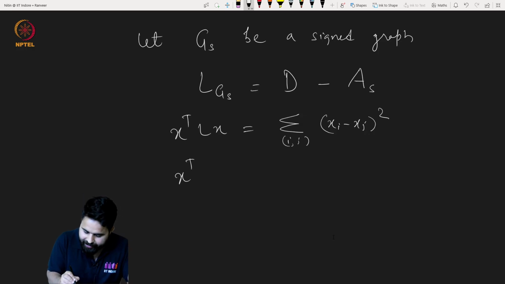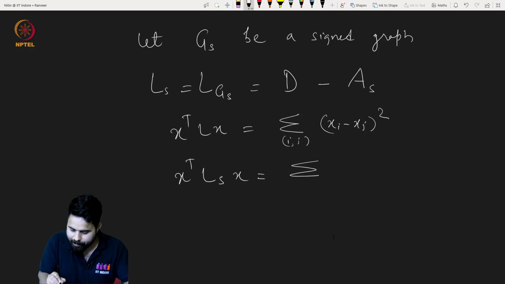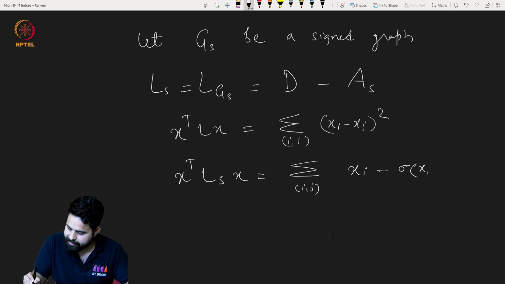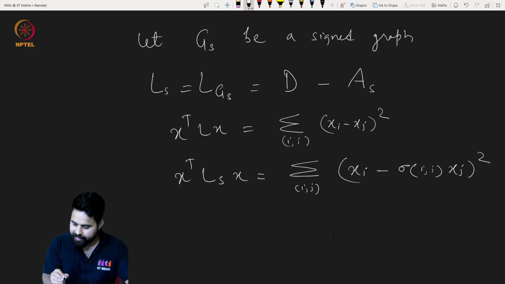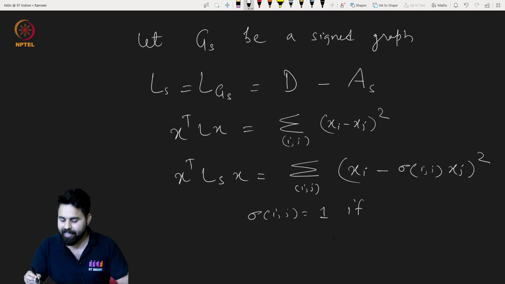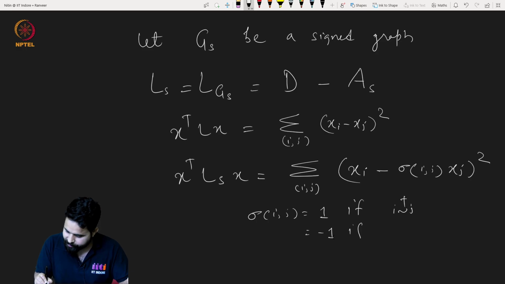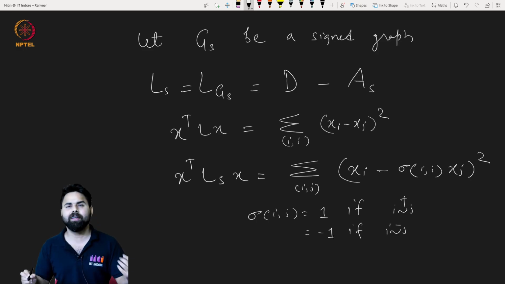Let me denote it by just LS for simplicity. x transpose LS x is nothing but a summation again over all the edges ij of the sign of the edge ij times x_i minus x_j, squared, where the sign is equal to 1 if the edge ij is positive, and equal to minus 1 if this edge is with a minus sign. Very simple.